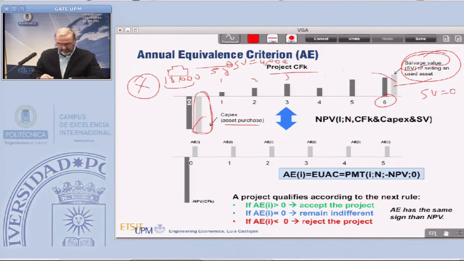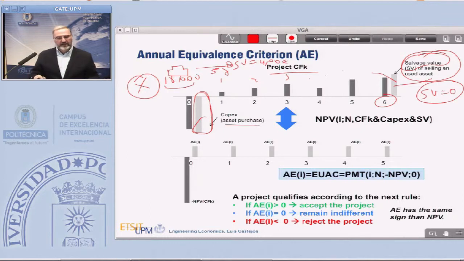For example, when the asset is technology based and the technology has a lot of obsolescence, and nobody will want to buy your old computer, so the salvage value is 0 because there is no market for such an old and antiquated computer. But for many others, there are second-hand markets where companies or individuals are interested in buying your old asset. So that's the salvage value.